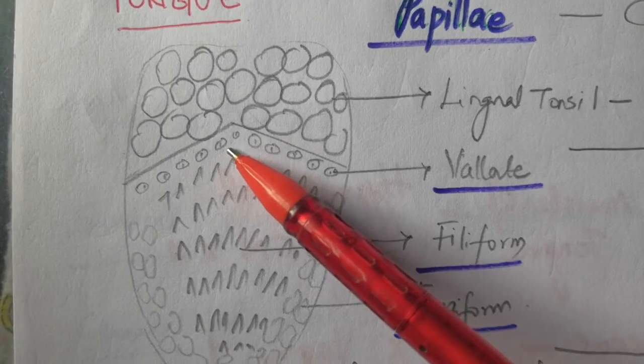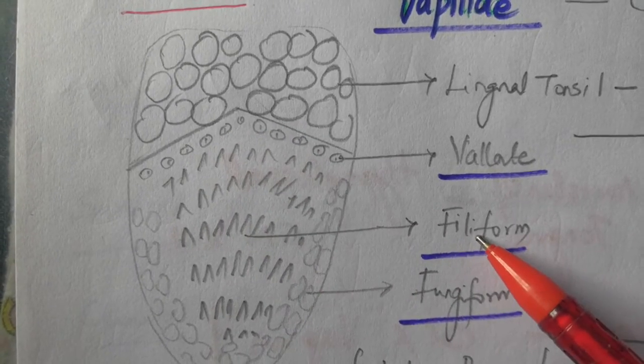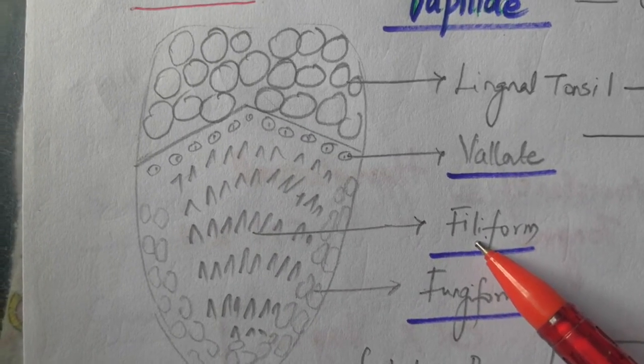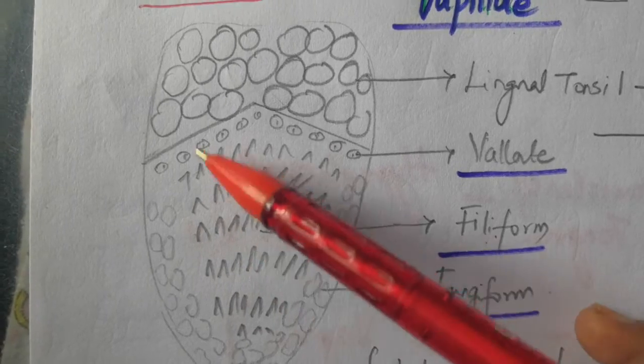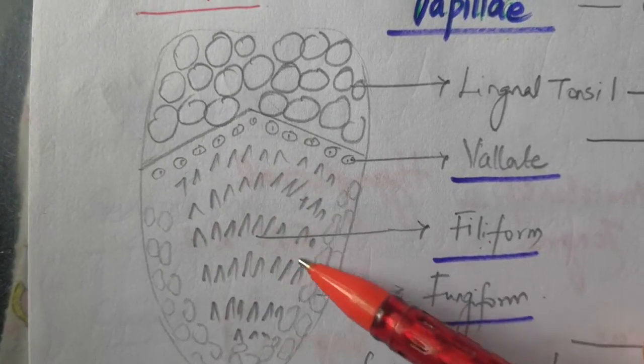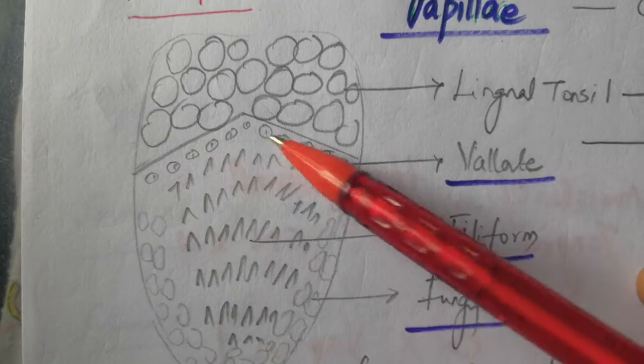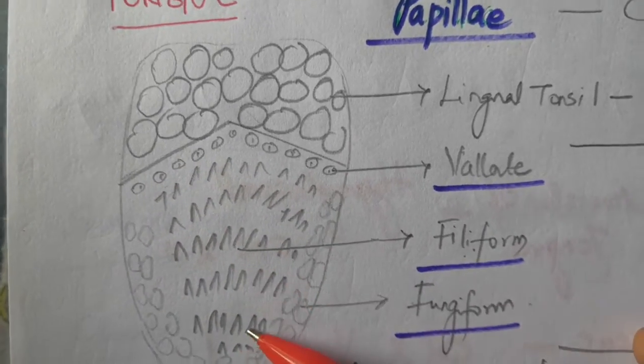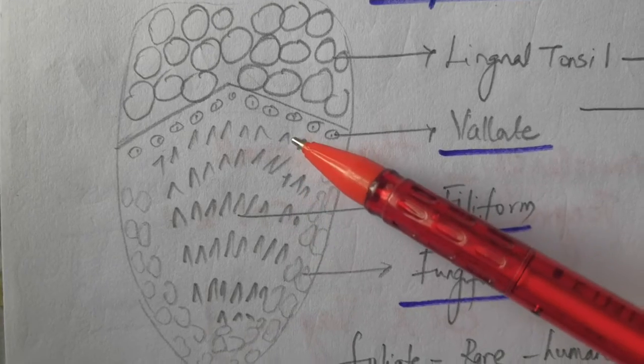Then the filiform papillae, filiform means cone shaped. So the cone shaped papillae are arranged more or less parallel to the sulcus terminalis, in the dorsum part of the tongue.